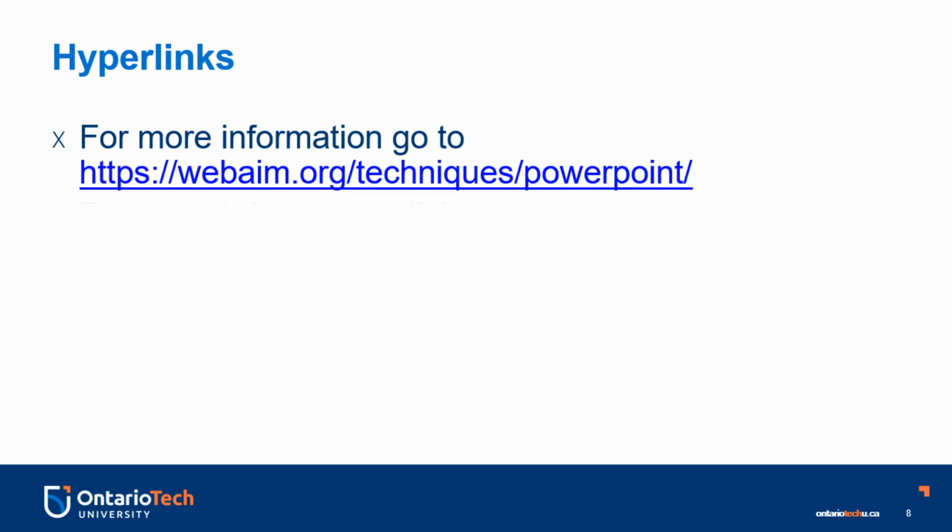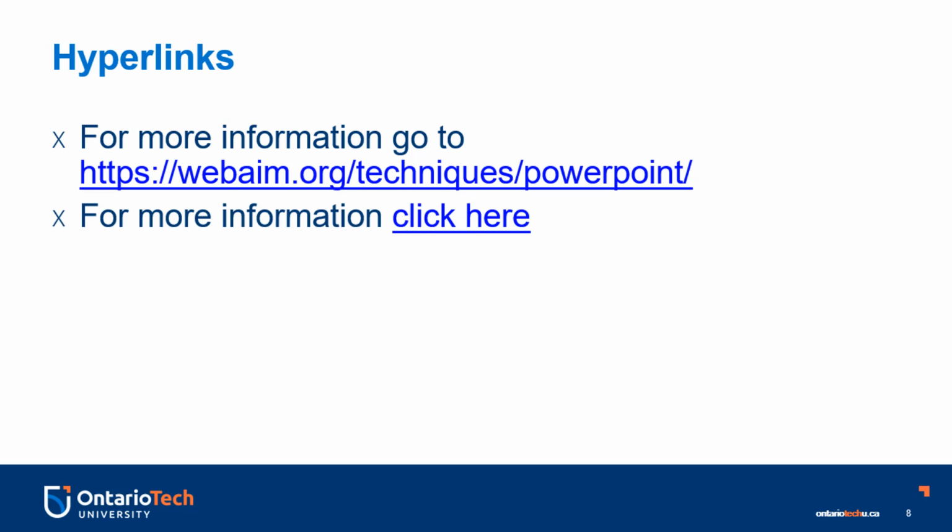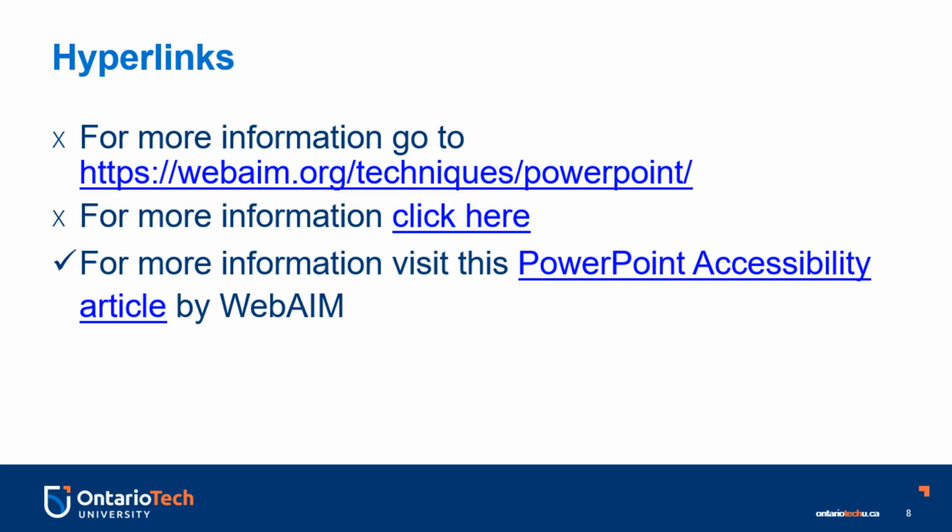When adding a link to a PowerPoint slide, avoid using raw URLs, such as the one you see here. Raw URLs do not make sense to screen readers. Links that lack context, such as this "click here" link, should also be avoided. Rather, link text should be descriptive, such as the one used in this third bullet.